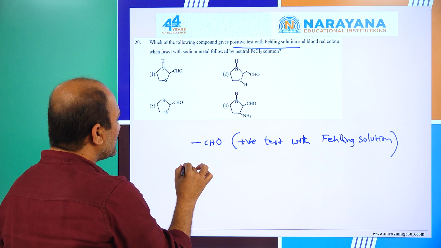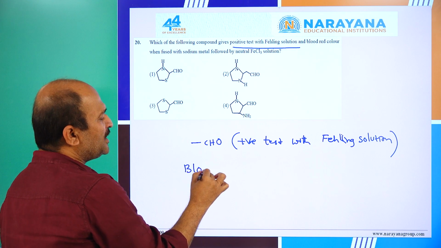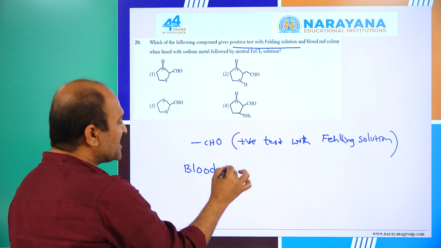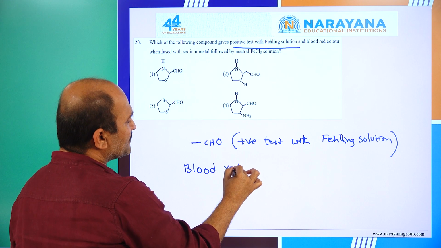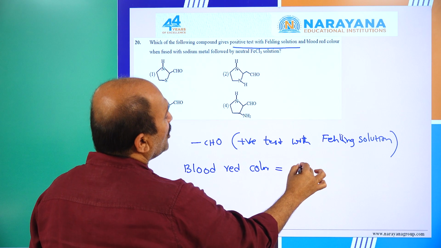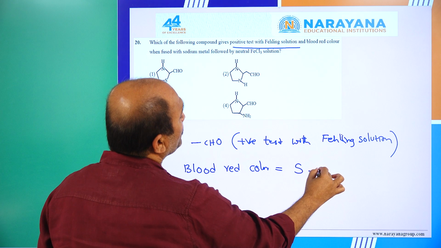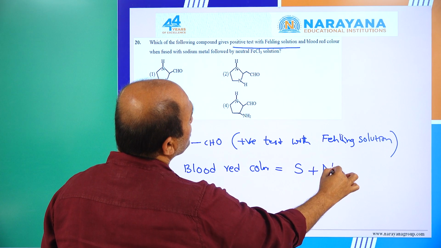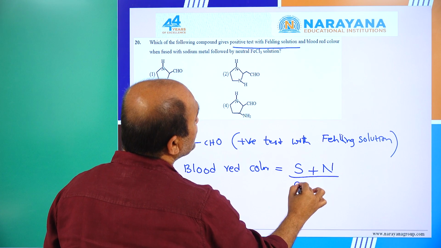Blood red color in the Lassaigne test is given by a compound when sulfur and nitrogen are present together.